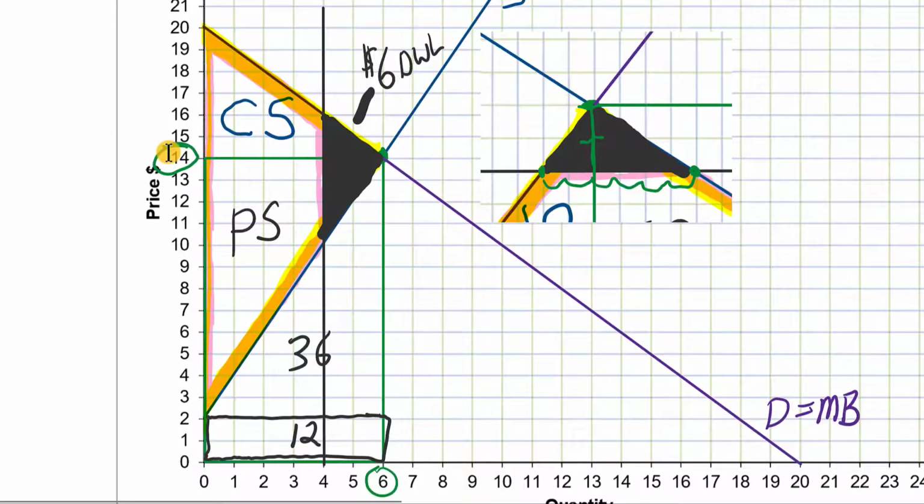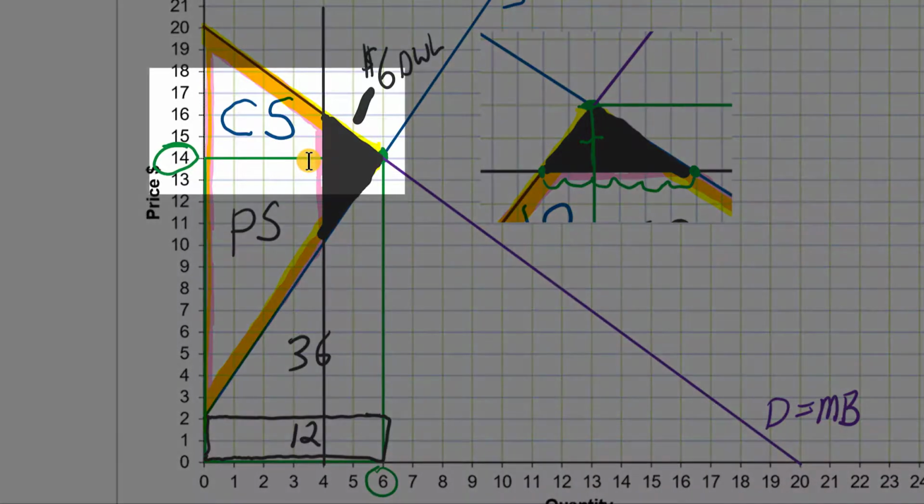What happens when the government restricts the amount of something that people are able to produce below the market equilibrium quantity is the price is going to go up. This law is making this good artificially more scarce, and when something is artificially or in reality more scarce, the price is going to go up.